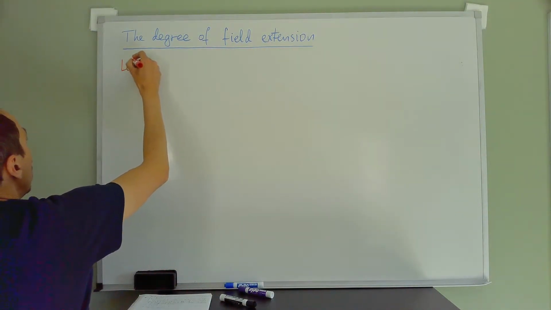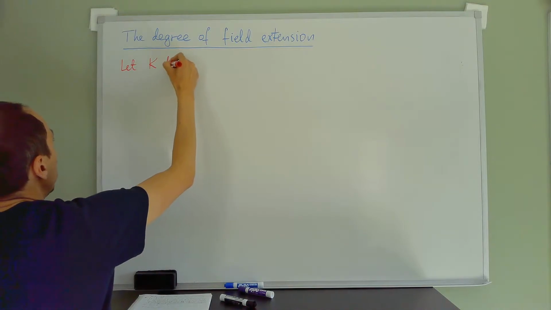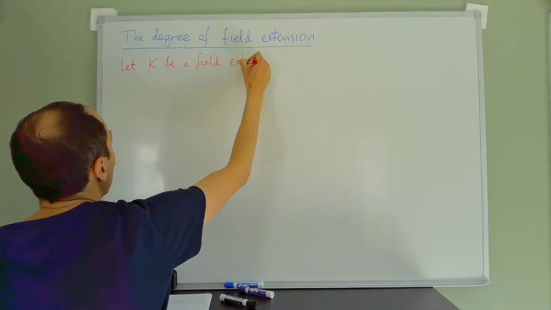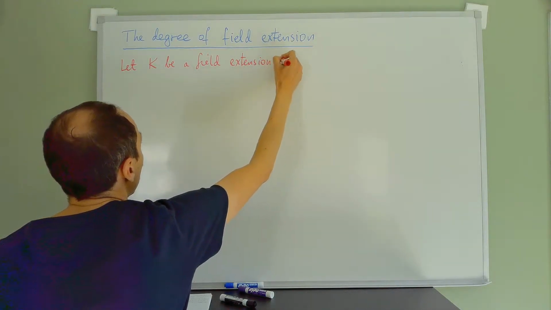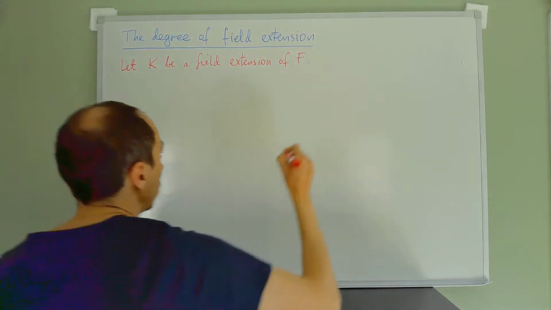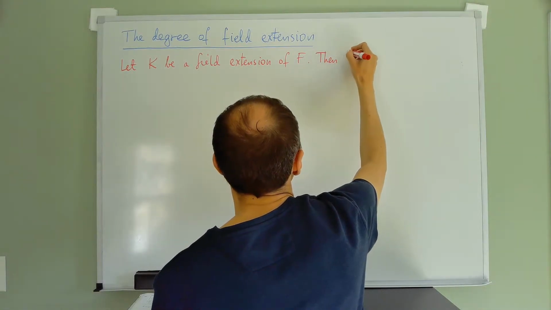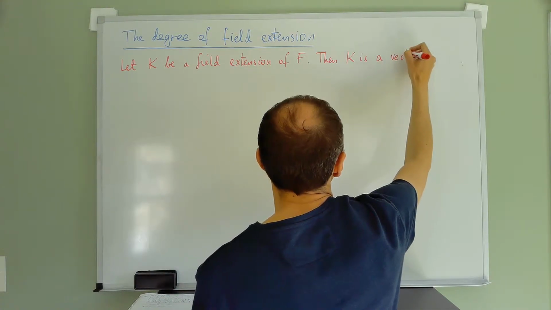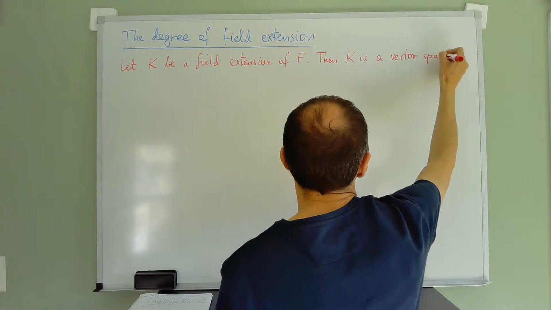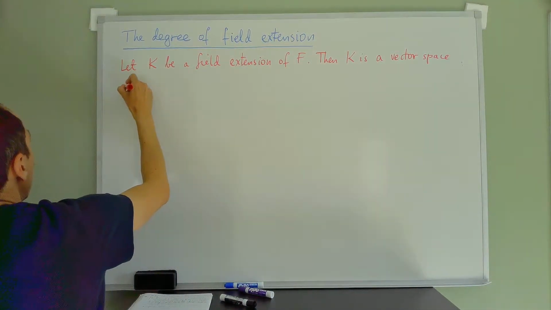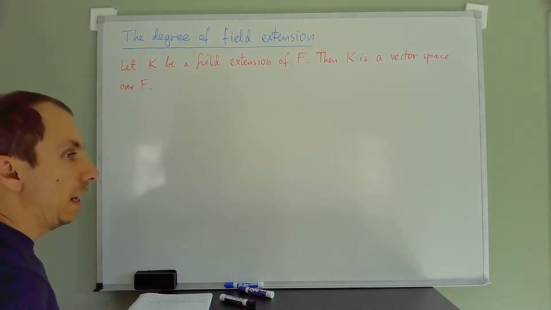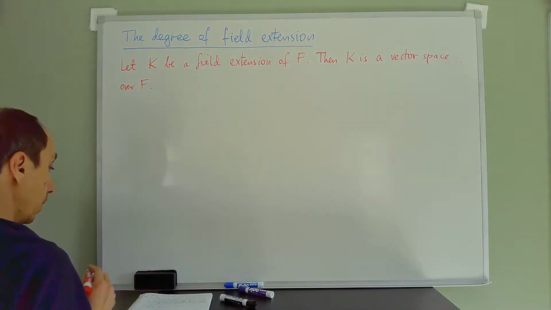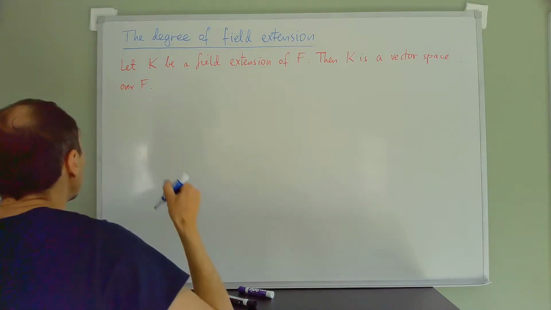So let K be a field extension of F. Then, as we discussed in the previous video, K is a vector space over F. So we can talk about the dimension of K over F. So we'll make the following definition.